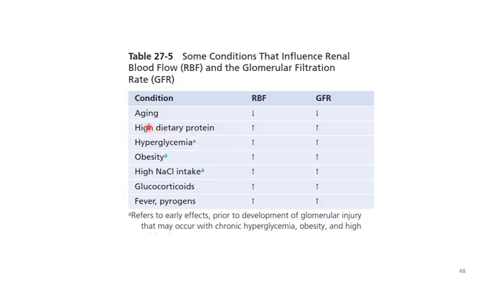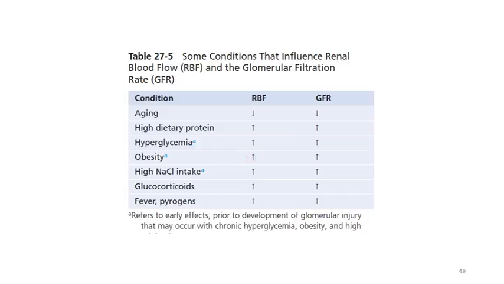All these factors except aging increase renal blood flow and GFR initially, and not after damage. Initially, in the acute phase, they increase RBF and GFR, but aging mainly decreases them.